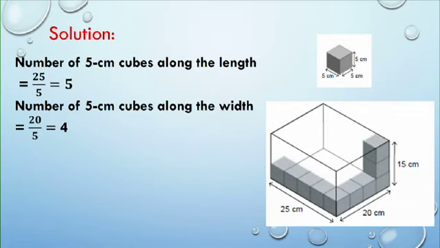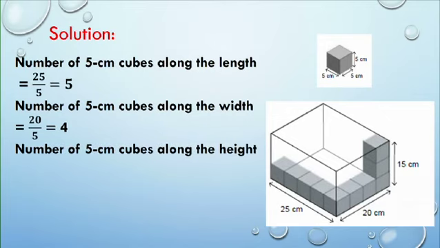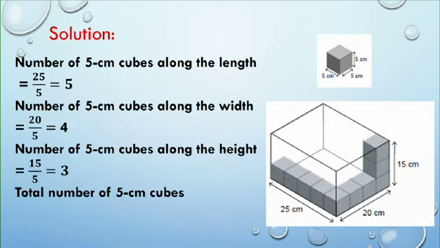That is, I will need 4 cubes along the width. Along the height, which is 15 centimeters, I will need 15 divided by 5. So 3 cubes will be needed along the height. In all, I will need 5 times 4 times 3, that is 60 5 centimeter cubes to completely fill in the cuboid.